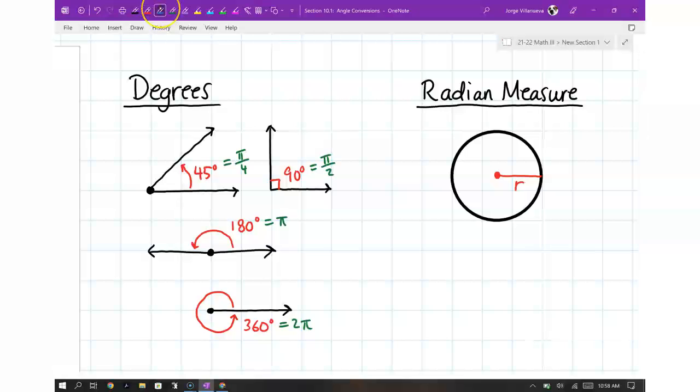If I were to grab that radius line with my fingers and pluck it out and put it straight up like this, and say that's still R, and then I bend it so that it touches the circle, so instead of looking like a straight line, it's going to look like that.